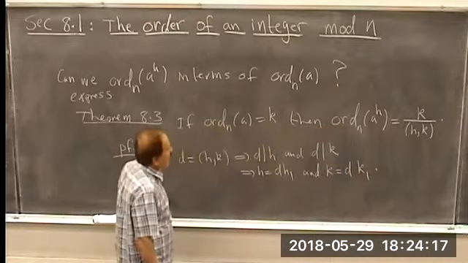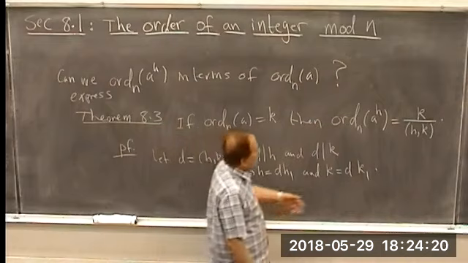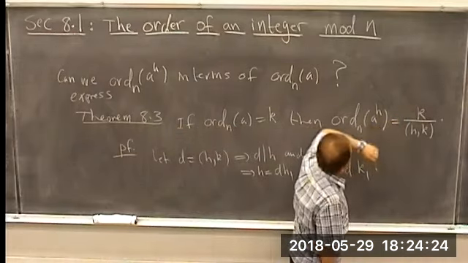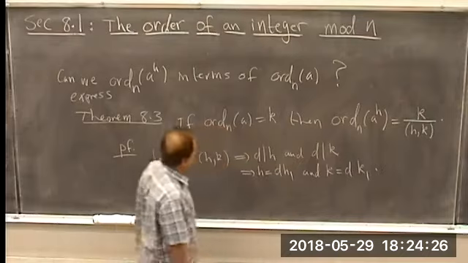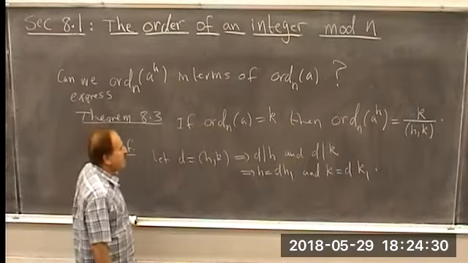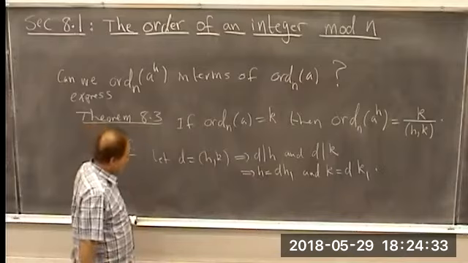Now let's look at what we are supposed to show. This one to the power of the right hand side is congruent to 1 mod n. At least we need to show that it satisfies the congruence.